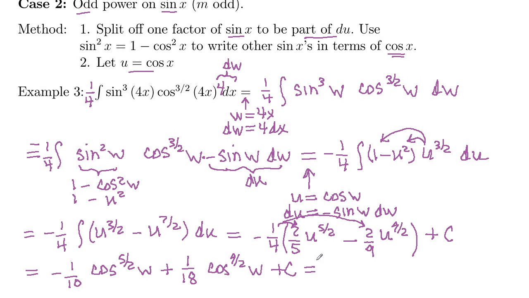And now we just have to plug back in our w is 4x, and we got it. So negative 1/10 cosine 5/2 of 4x plus 1/18 cosine 9/2 of 4x and plus our constant.